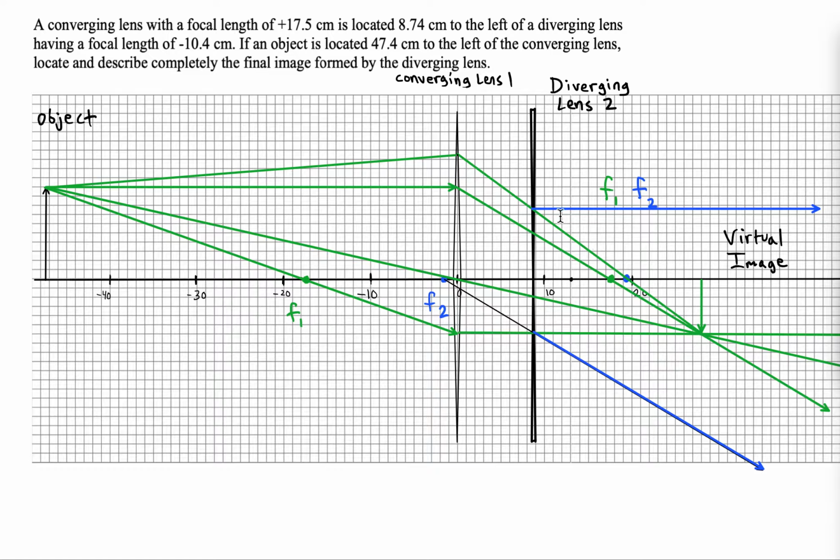Now what we can do is trace those rays back to where they apparently would have come from. So if you're looking at the situation from the right side of the screen here, then you would think that that ray had actually come from the left side. You would think that it came from back here.